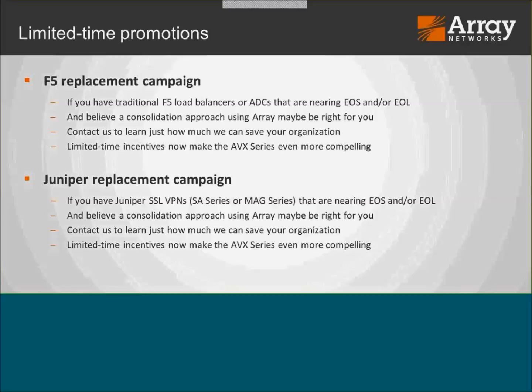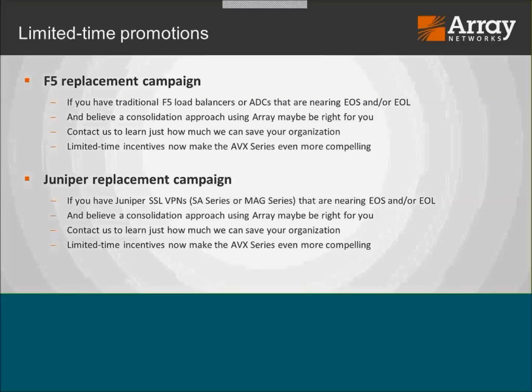Very similarly, if you have, for instance, Juniper, they had the Juniper SA, the Juniper MAG, Juniper Pulse. They got out of that business, and so you've got a number of customers out there that are looking at potentially a refresh of that equipment.